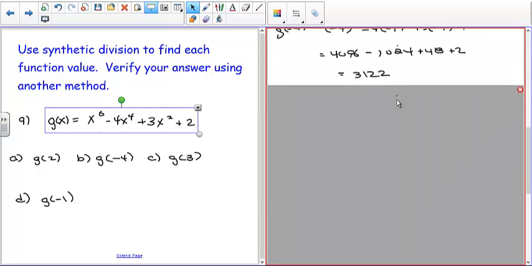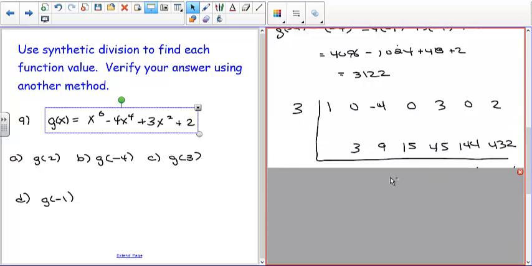Okay, next one is 3. So again, this changes to 3, and then you have the coefficients of the original function. And we do the math.